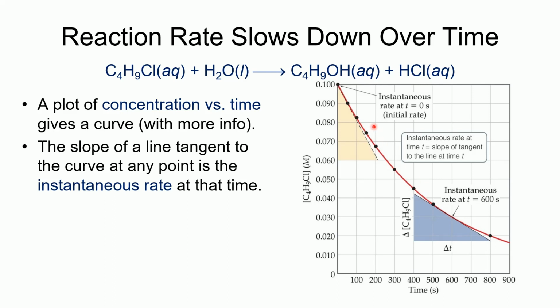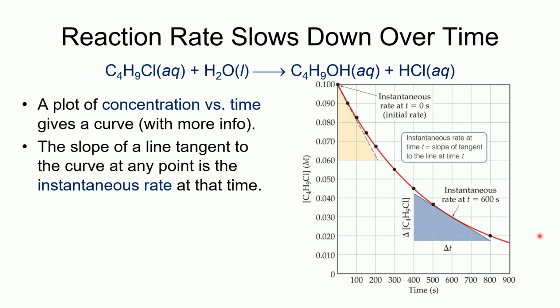Well, when we look at this, we can clearly see that the rate of reaction changes as time goes on. So that means that we need to decide what is the best point along that curve to get the rate. What's the most representative rate for this reaction?